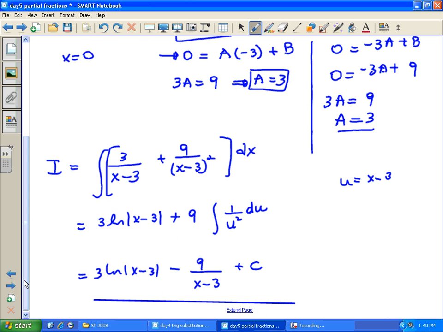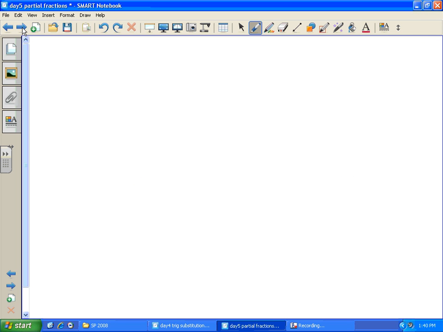For the last question? Okay. Any other questions about that answer before we try the new one? Any questions? Okay, we're trying one that has an irreducible quadratic in the denominator, and here it goes. The integral of 2x squared minus x plus 4 all over x cubed plus 4x.